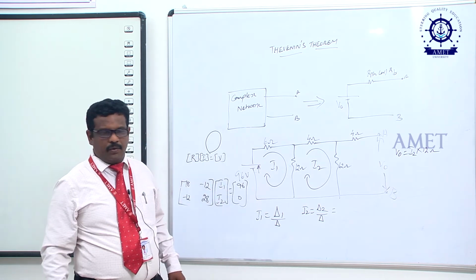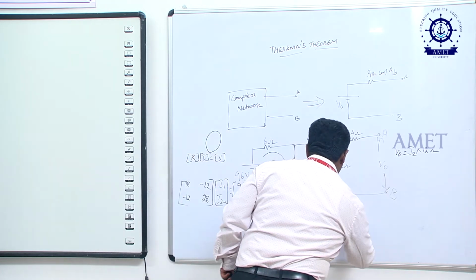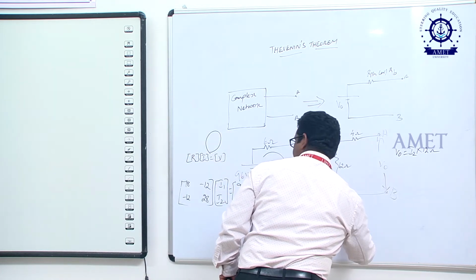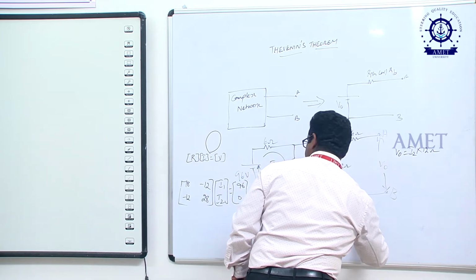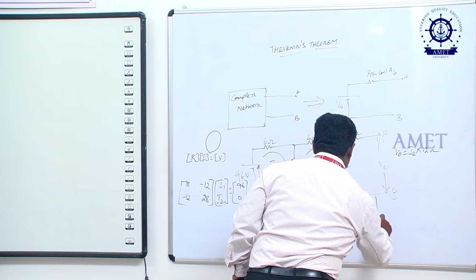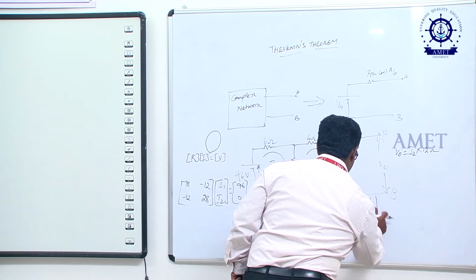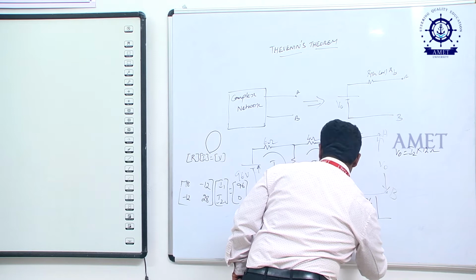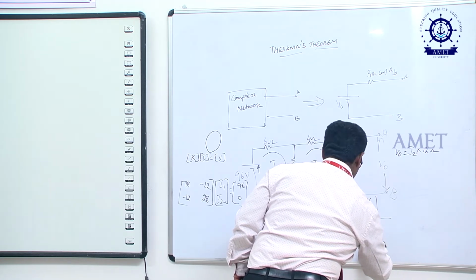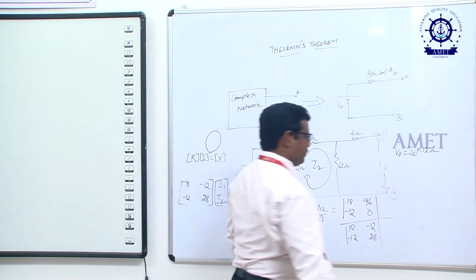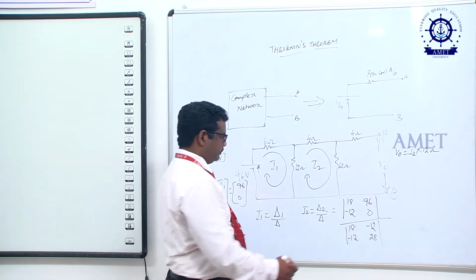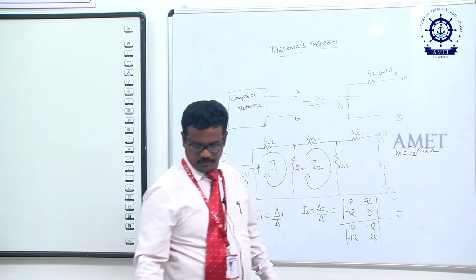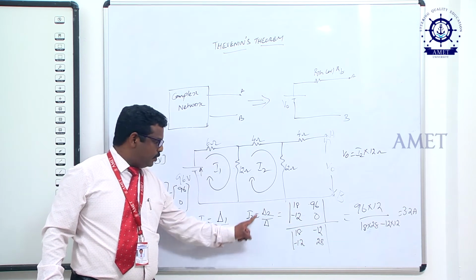What is delta 2? Substitute the voltage column in the second column, find out the determinant of this, that is called the delta 2. Now, you 18 minus 12, 96, 28. I2 is nothing but delta 2 by delta.